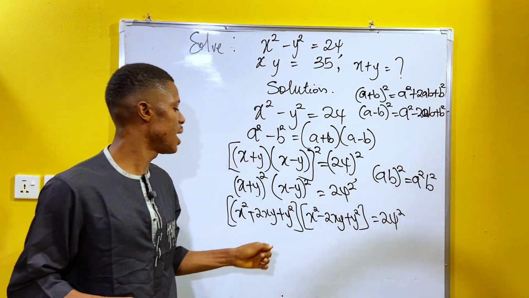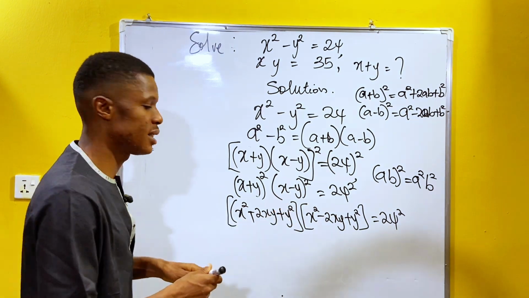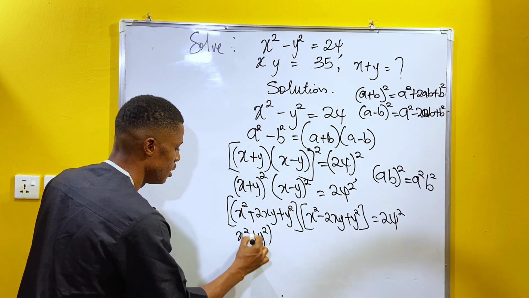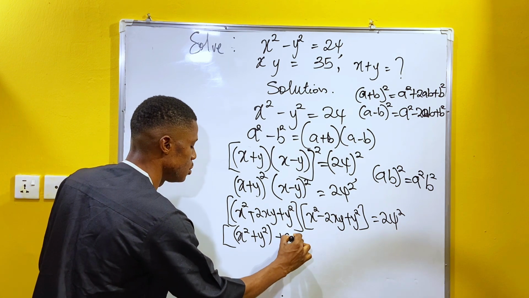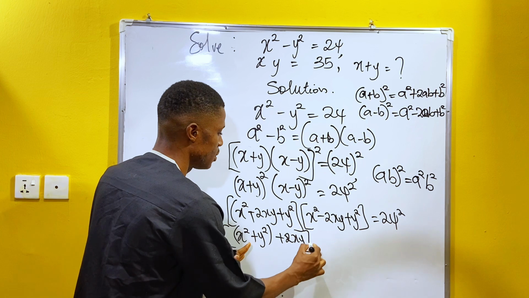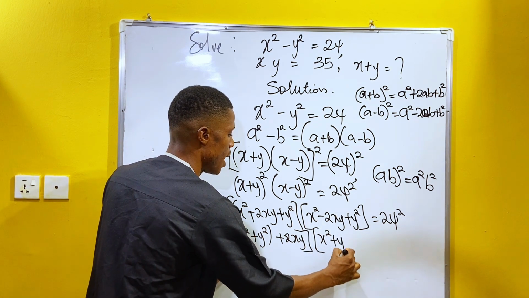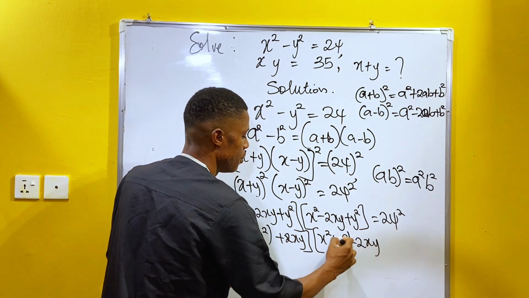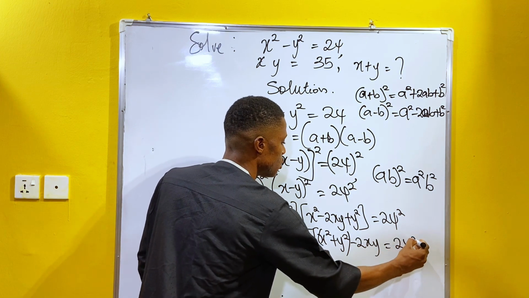So let's just collect like terms now. We can now write this whole expansion as x squared plus y squared plus 2xy, multiplying x squared plus y squared minus 2xy, is equal to 24 squared.